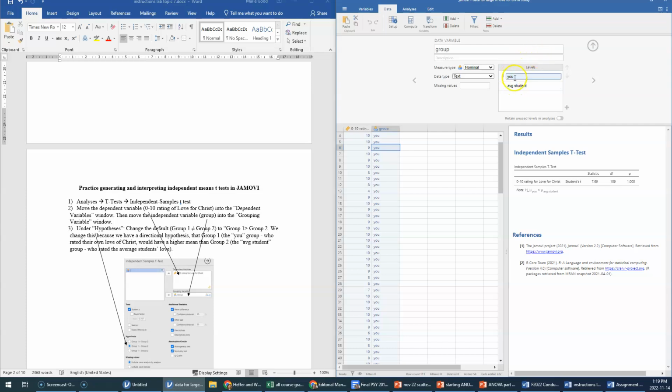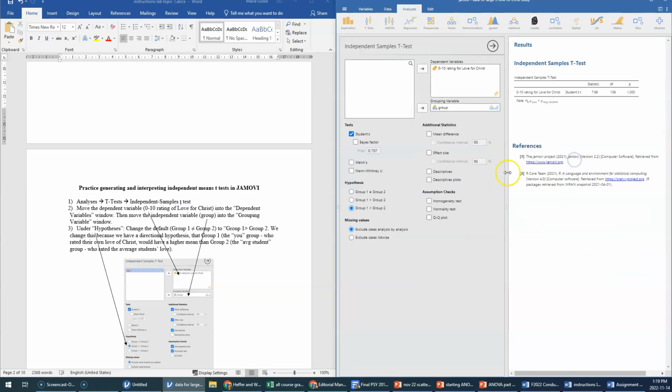So the U group is group 1, average student is group 2. We go back here. Now we know that the correct choice for hypothesis is that group 1 is greater than group 2, right? Because group 1 is the U group, and we're hypothesizing they're going to have a higher mean rating than the average student group, which is group 2.